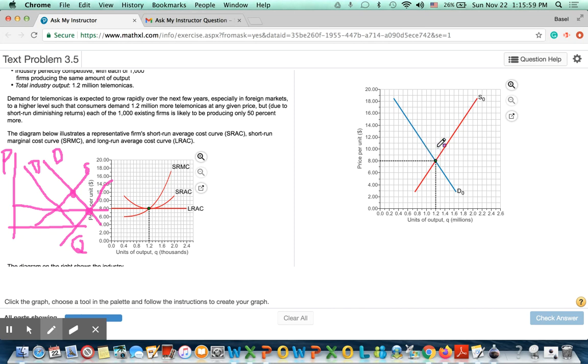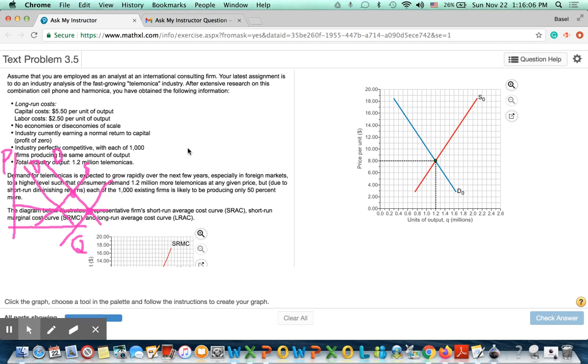So we need to be a little bit accurate in shifting the curves in here. So let's start by shifting the demand curve correctly. If you read the question, due to the increase in demand, at every given price, quantity demanded increases by 1.2 million units.